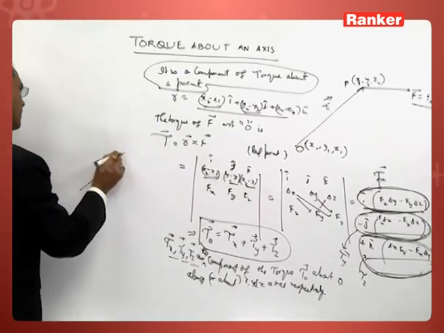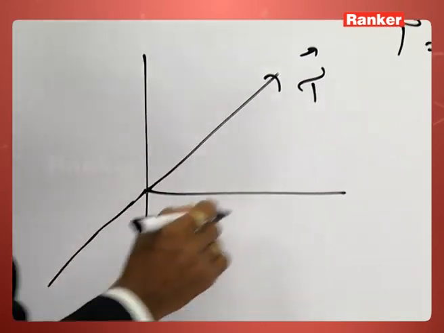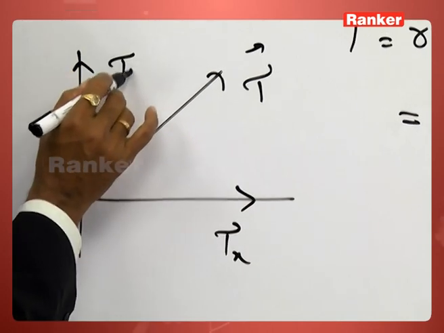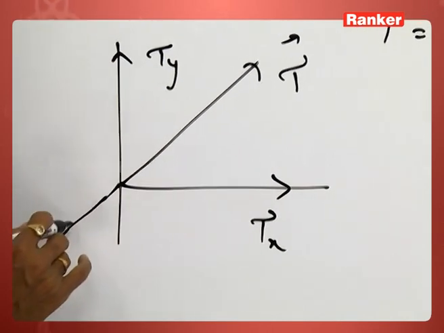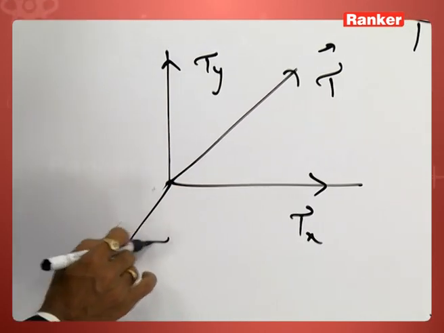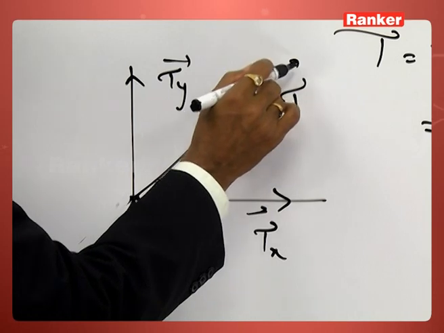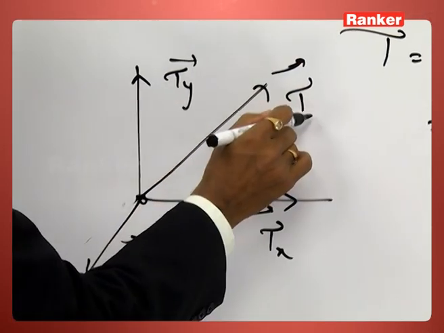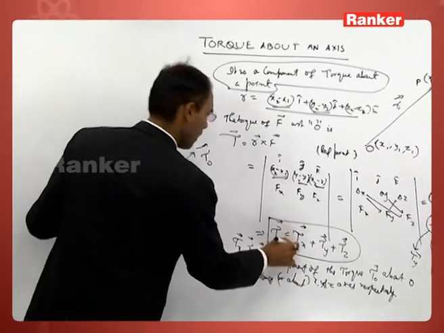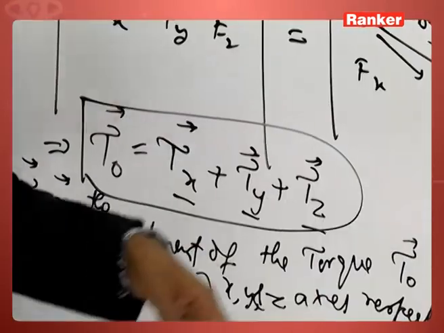Let us assume that this is the torque about any point. This torque has one component along the x-axis, another component along the y-axis, another component along the z-axis. When you add these three torque components, you are getting the resultant torque. So this is the torque about the point O is equal to torque about x-axis plus torque about the y-axis plus torque about z-axis.